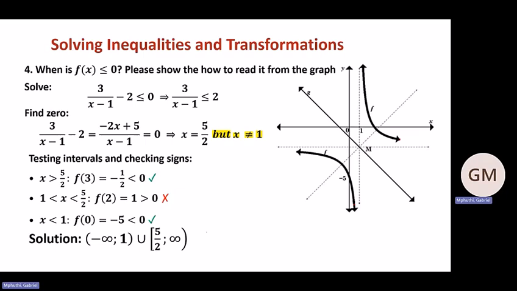Can say x is less than 1, and also x is either greater, depending on where you write it, greater or equal to 5,000.